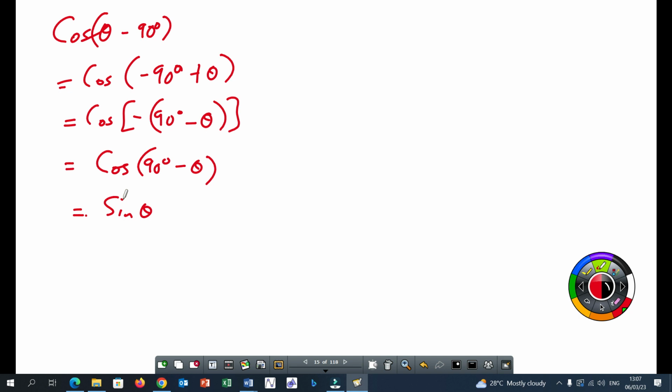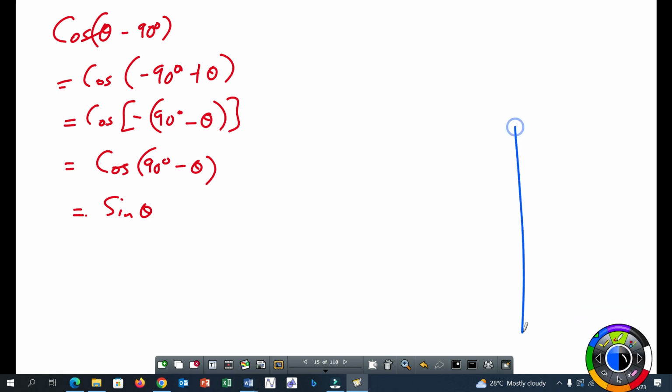Another way, if you want to visualize it on a Cartesian plane, you block the minus 90, so you are in the first quadrant. So that's your theta there. Then you move 90 degrees clockwise. If you do that, you get to the fourth quadrant. In the fourth quadrant, cos is what?